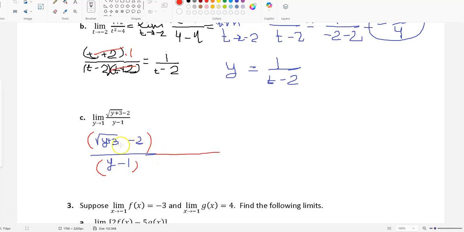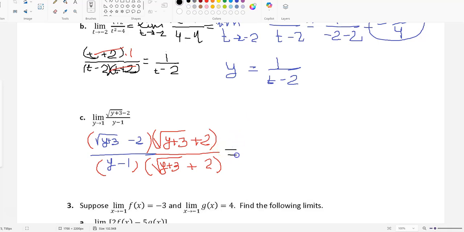So we will multiply the numerator and denominator by the conjugate, square root of y plus 3 plus 2. And the same we do here. So we multiply the denominator. As you remember, you cannot just multiply the numerator and expect that your rational expression will be the same.